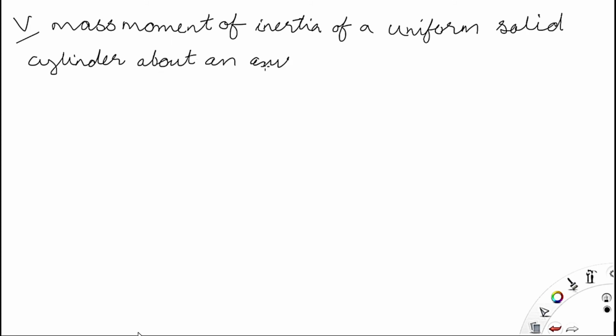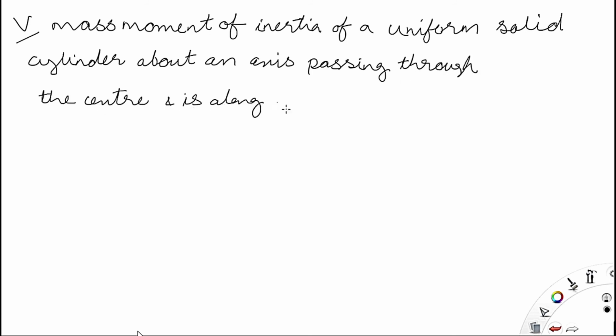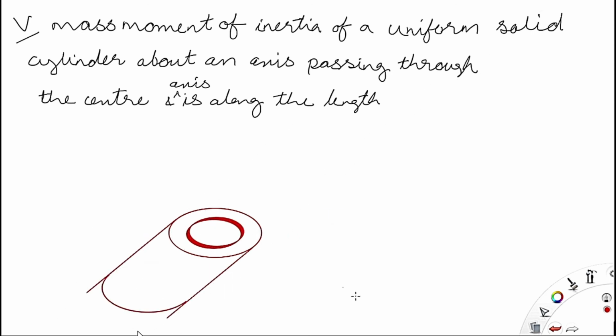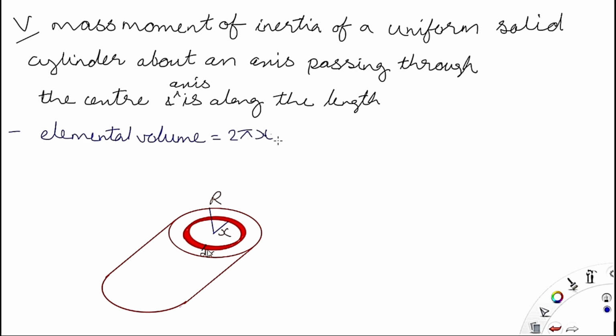Mass moment of inertia of a uniform cylinder about an axis passing through the center and along the length. So this is the figure. This is the cylinder, and this axis of rotation is along the length and perpendicular to the plane.